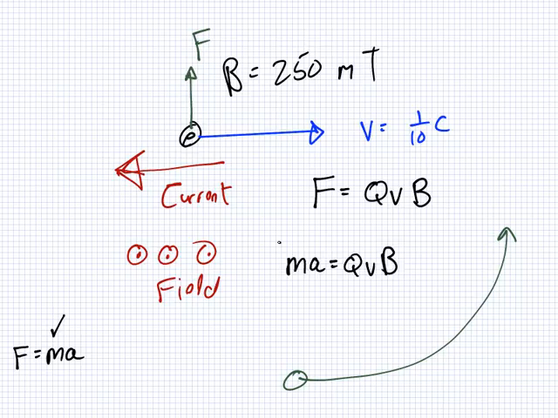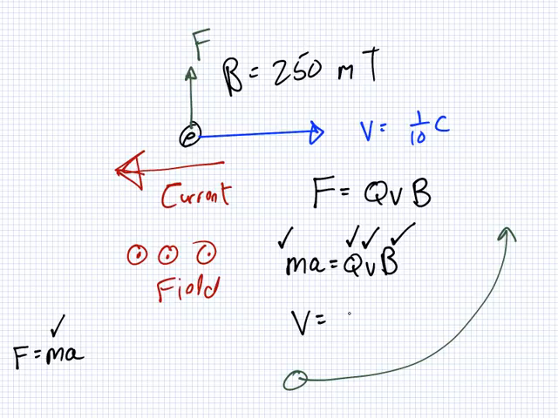Do I know the m? Yes. I want the a. Do I know the Q? Yes, it's the charge of an electron, so I know it. Do I know the v, the speed of the electron? Yes. And do I know the B? Yeah, so I know everything. So I can get the answer.